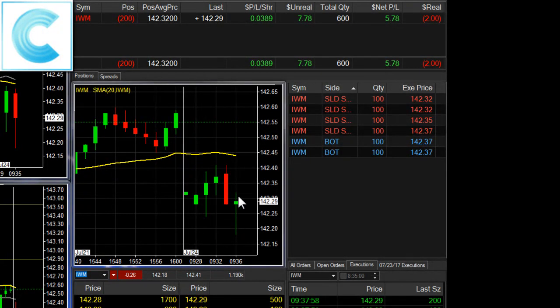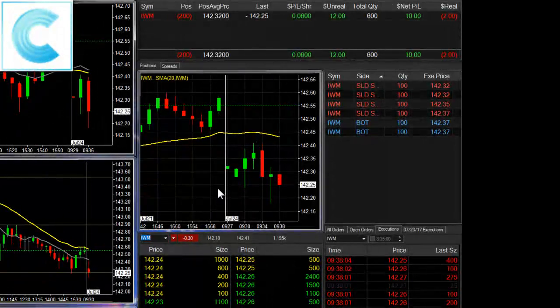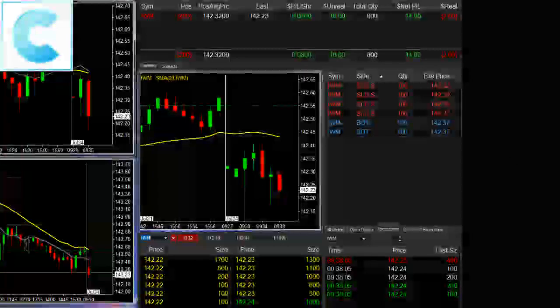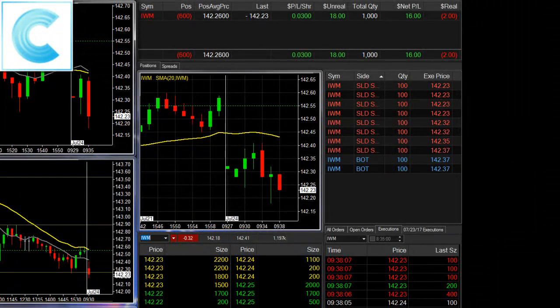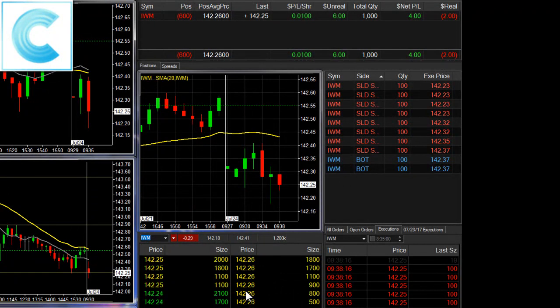Alrighty, so we got a topping tail, still playing the momentum to the downside. There are tails here. Let's try to hold this trade a little bit longer. I'm going to short it even more aggressively. I'm in for 600 shares. Unrealized profit is $18. Average price is 26s, which is roughly about the price that we're currently at. 29s, 30s.